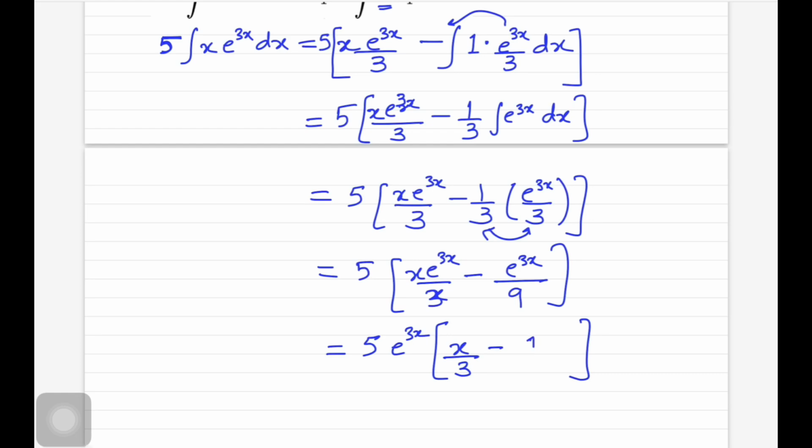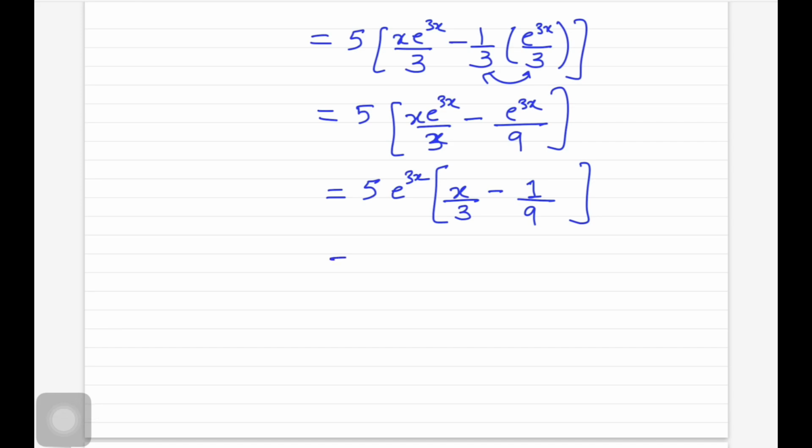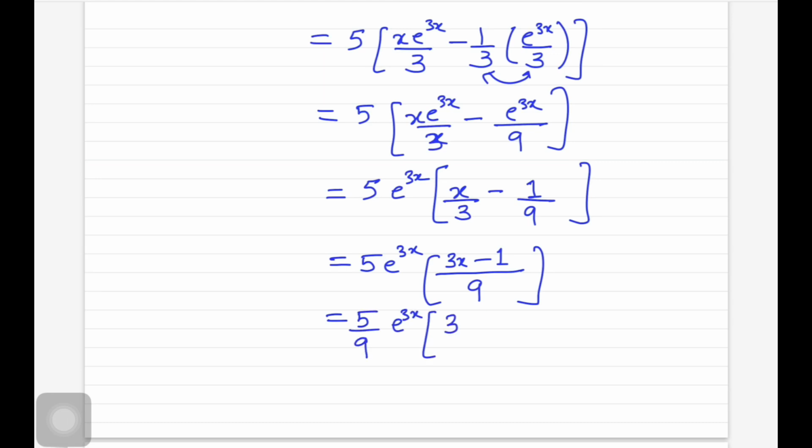So now here it is 1 over 9, and if I take the LCM here, this will be 9 and 3 will be multiplied by x minus 1. So ultimately my constant is 5 over 9, e to the power 3x, and inside 3x minus 1. So this is the answer of the second problem.